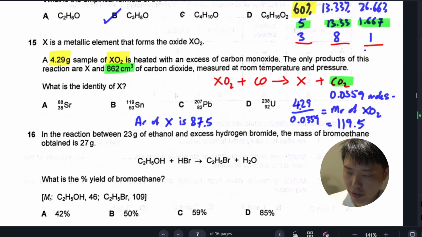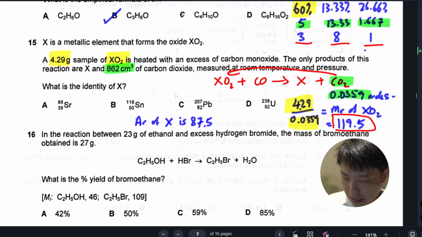This, if you divide by 24,000, which is the molar volume at RTP, you will get 0.0359 moles. You just take the mass, divide by this number of moles, because these two numbers of moles will be the same, 1:1. So you get the Mr of the whole oxide, which is 119.